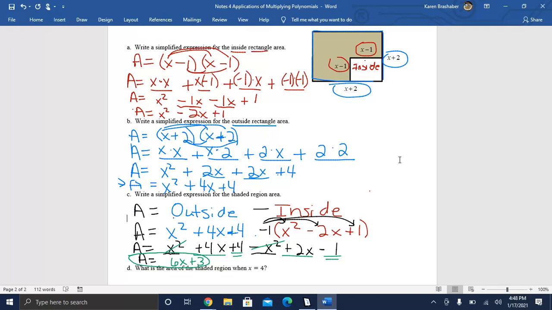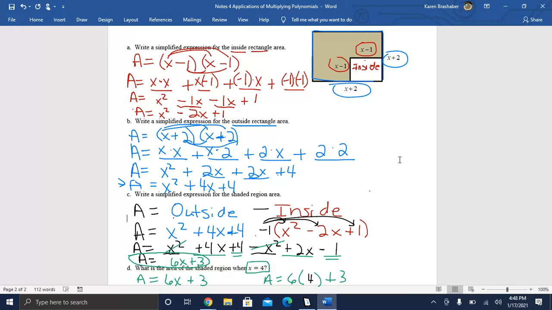So we can take that last answer that we finished, and when x is 4, that means that we can substitute a 4 where the x is. So the area would equal 6 times, and then we'll substitute in the 4.